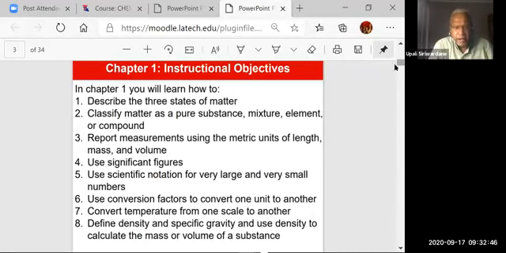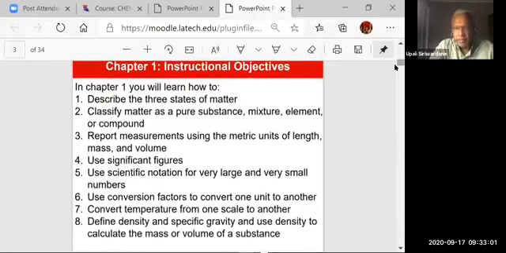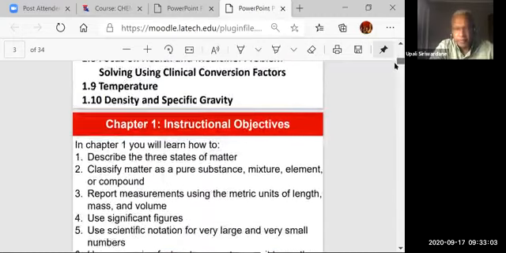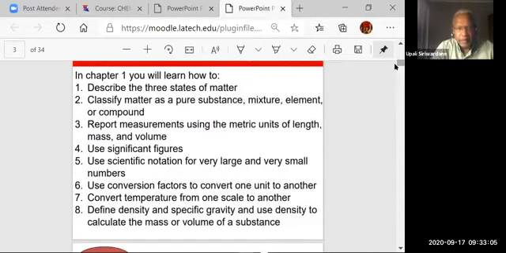Three states of matter, classification of substances. Classification of matter into pure substances, mixtures and elements. Then measurement using metric units, mass and volume and length units.